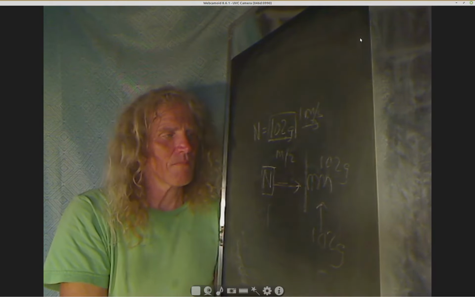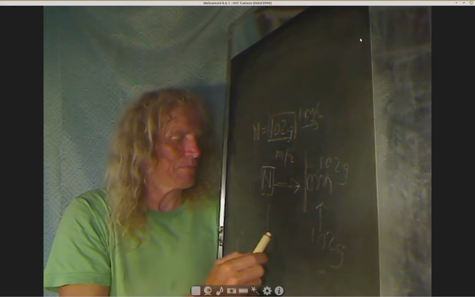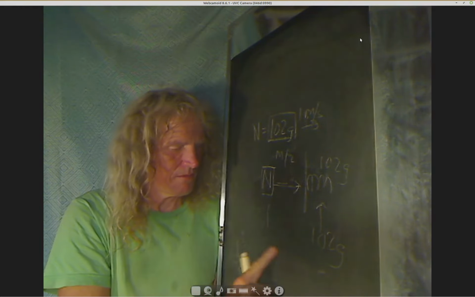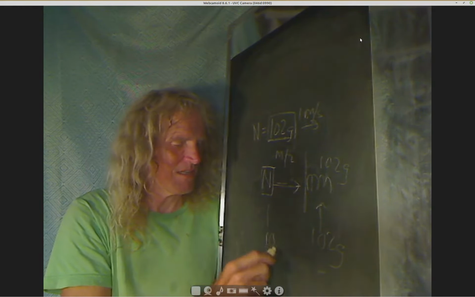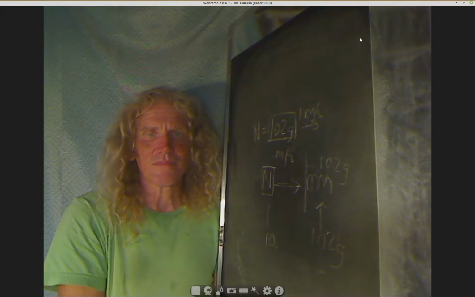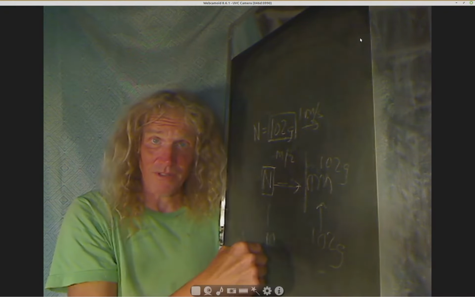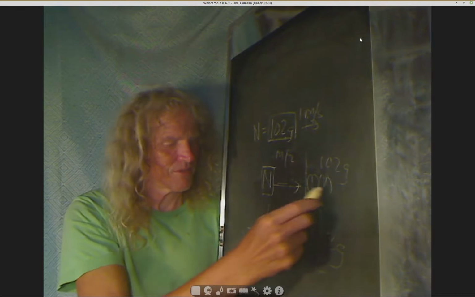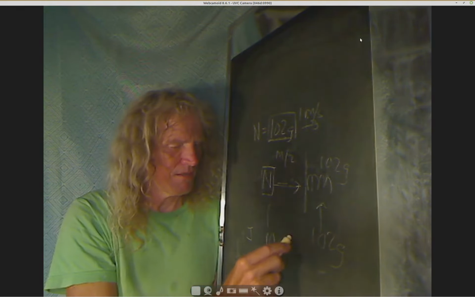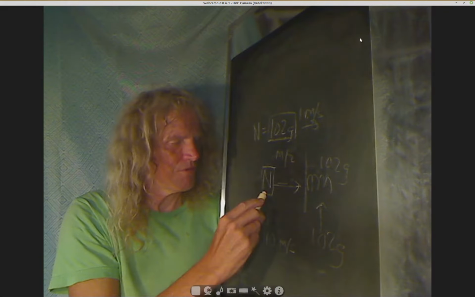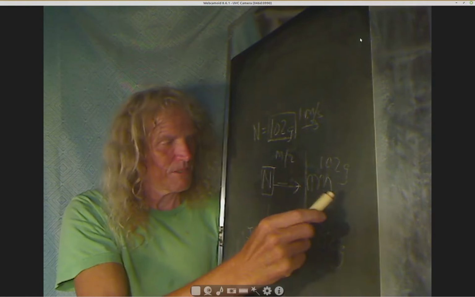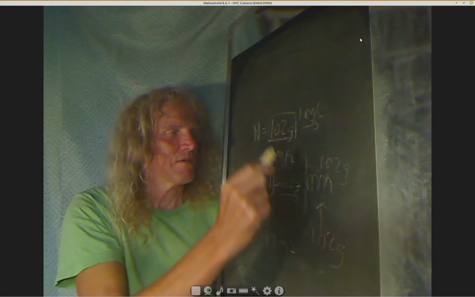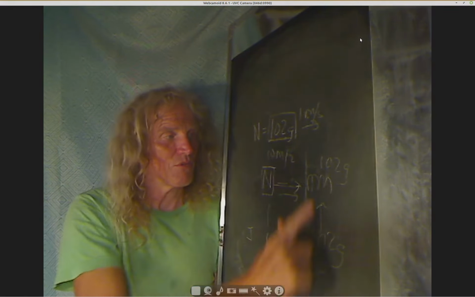So if we're falling at 9.8 meters per second, let's just make that 10 for simplicity, that's the definition of a joule: instead of going 1 meter per second, we go 10 meters per second. Now if I move the joule 10 meters per second at the wall, what is it going to weigh?